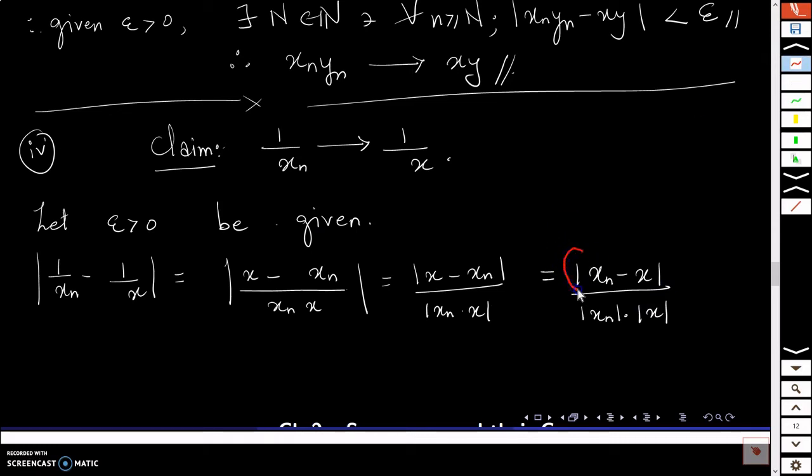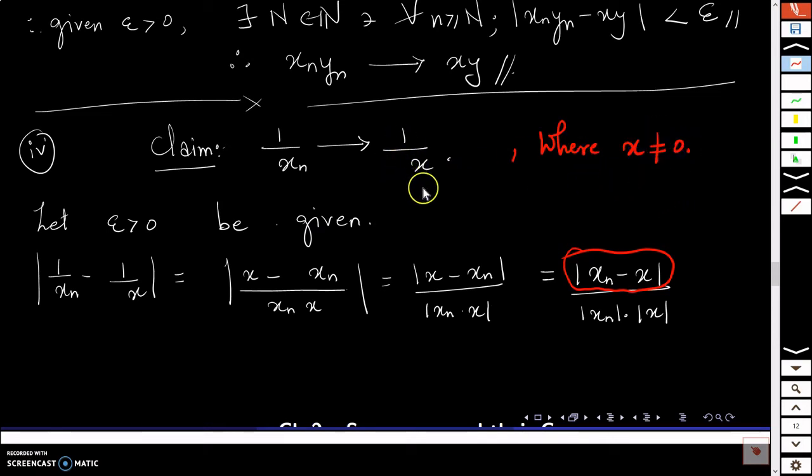I already have an estimate for this because xn converges to the point x. So after a certain stage, this could be made less than epsilon. So no worries about this. We only have to worry about these two terms. Okay, so what will happen to mod x and mod xn? Mod x is a non-zero real number. x is non-zero, right?